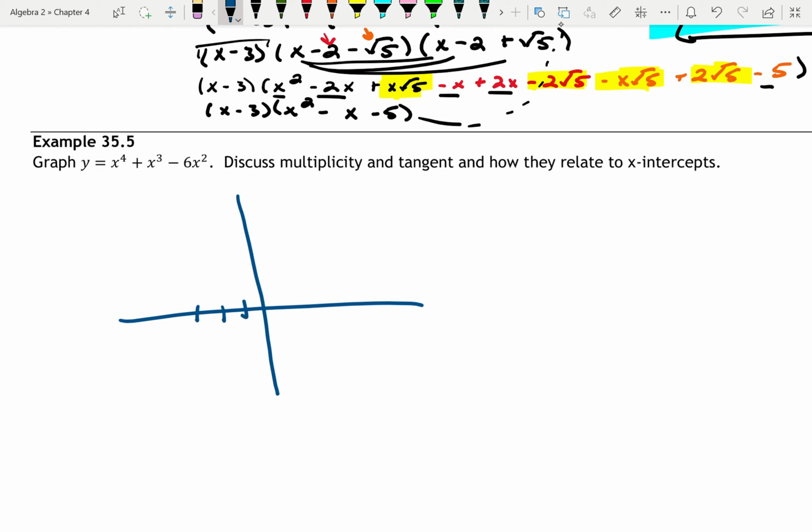It looks like we have an x-intercept at negative 3, at 0, and then at 2. And it looks like it does something roughly like this. That's not a perfect graph, but it's a good enough graph.